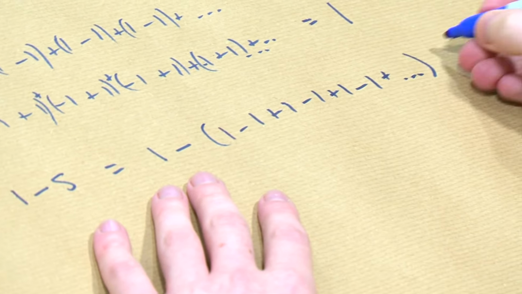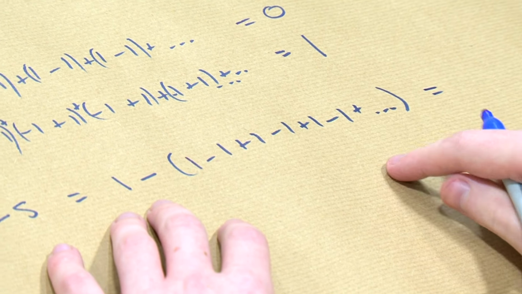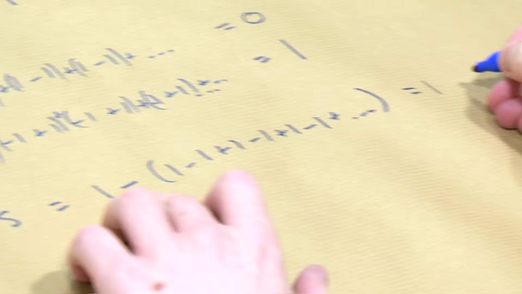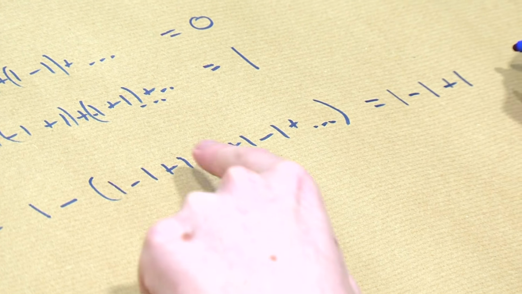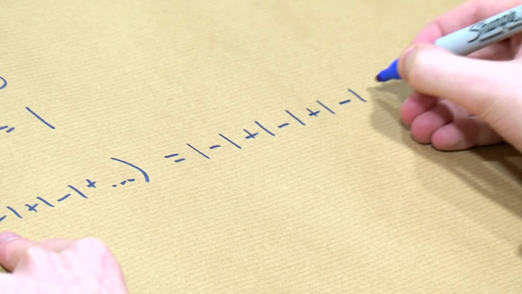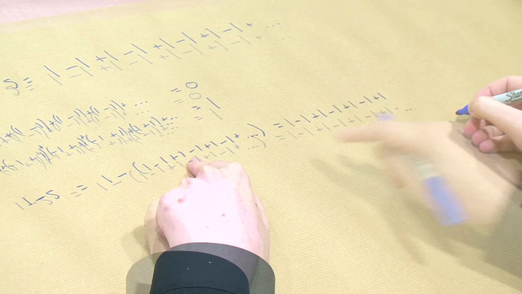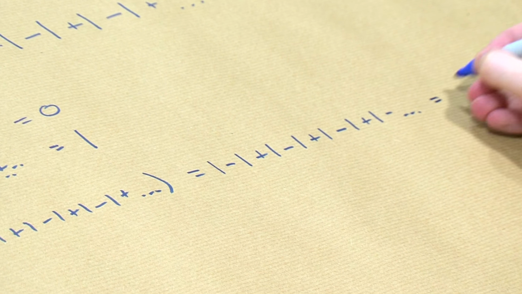If we take the bracket away, this minus number will mean that all the signs get flipped. So you'll get 1 minus 1 plus 1 minus 1 plus 1 minus 1. That's what happens when I take away the bracket. But what I end up with is the thing I started with, that's just the alternating plus and minus 1. So I've got s again.